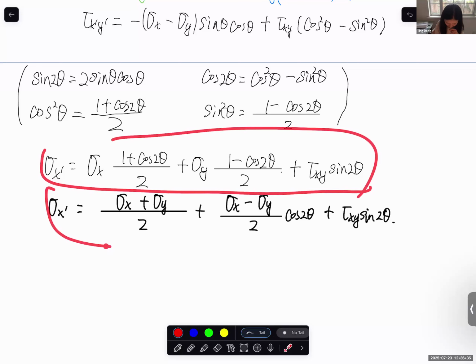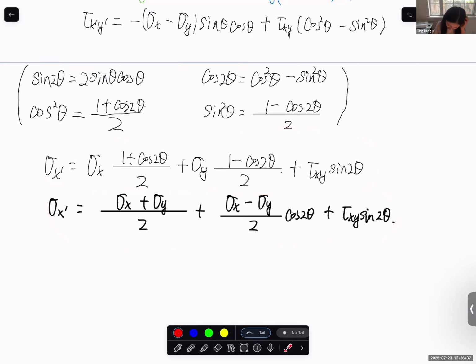This one and this one, they're the same equation. I just moved these two terms here and also the two cosine theta terms here, and the last term stays the same.